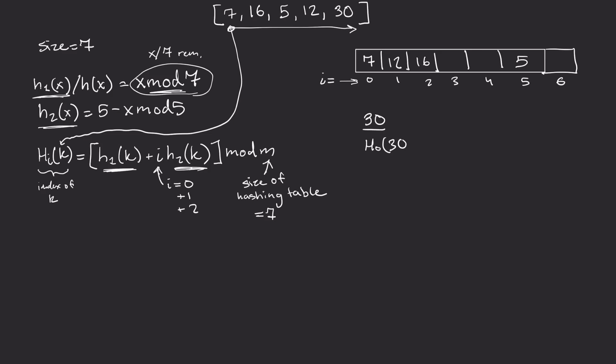h0 of 30 is going to be just simplified to 30 mod 7, and 30 mod 7 is going to equal 2. And there's already a number in our second index, so we continue incrementing i.